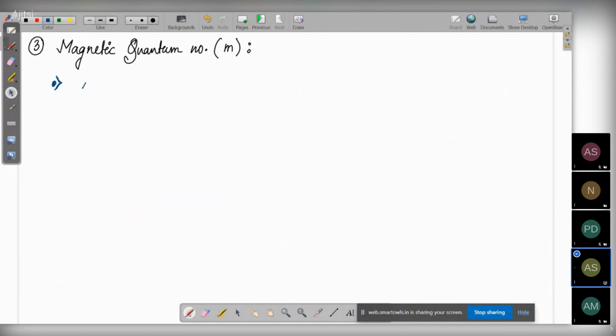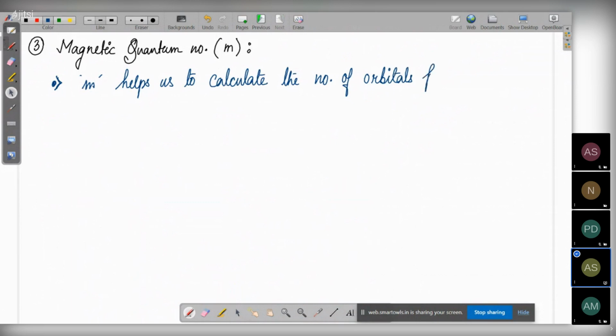So m helps us to calculate the number of orbitals present in a subshell.